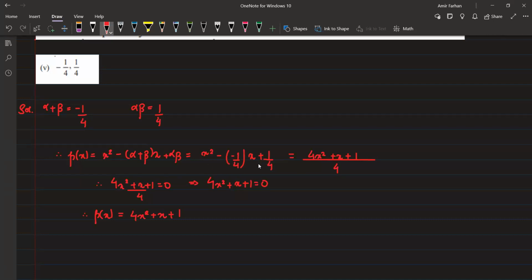So you can simplify by taking the LCM. You will see that there is 1 here in the denominator, so multiply this 4 by 1. When you divide this 4 by 1, you will get 4, and 4 multiplied with x square will be 4x square. Yes or no? Is this clear to you?